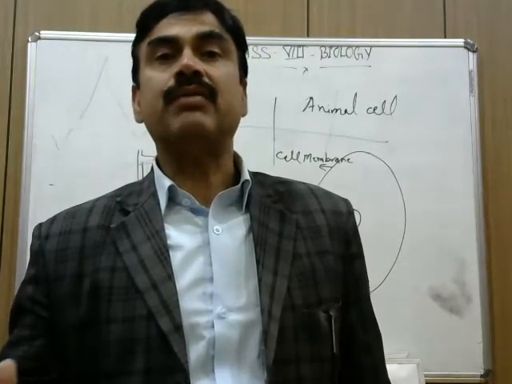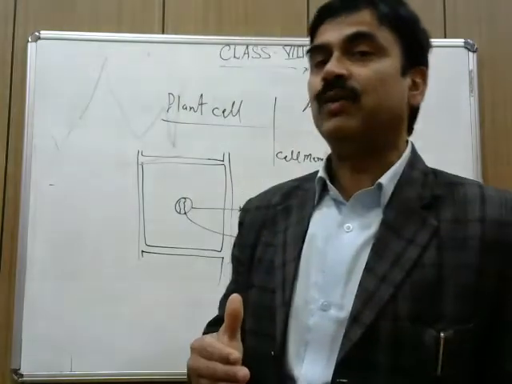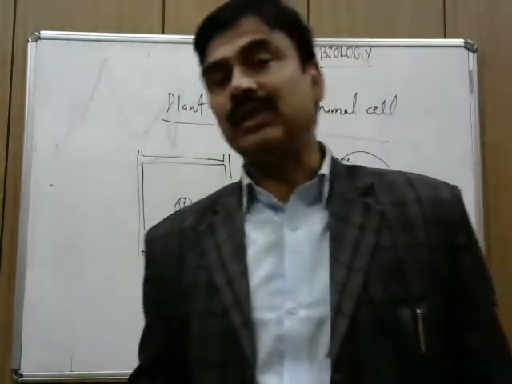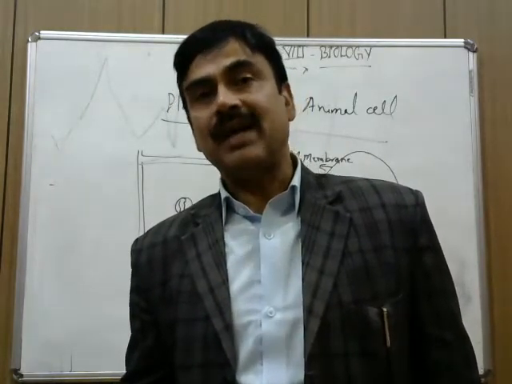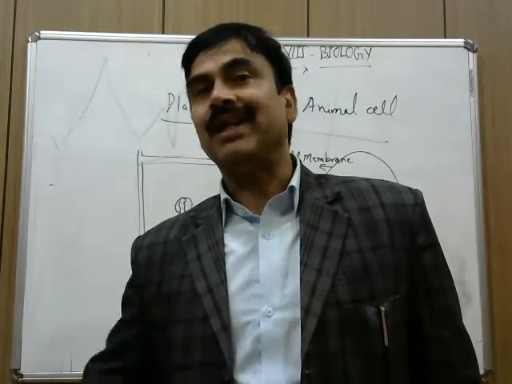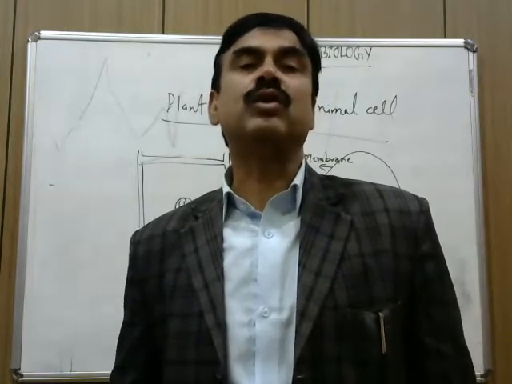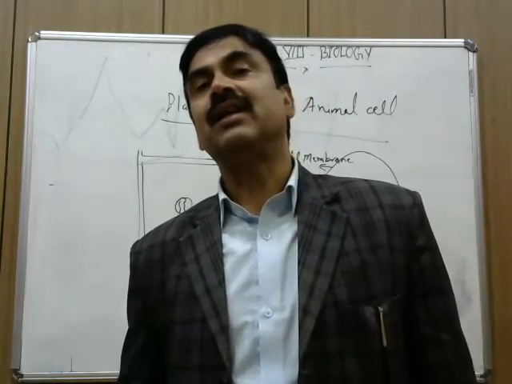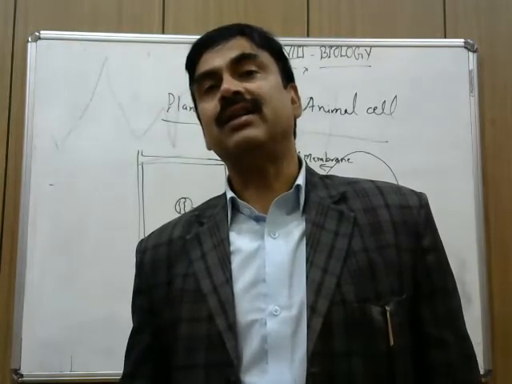There are 2 types of endoplasmic reticulum: one is rough endoplasmic reticulum and another one is smooth endoplasmic reticulum. In the plant cell the chloroplast is present, but in animal cell, except euglena, there is no chloroplast, and that is why they are unable to perform photosynthesis, and all animals are kept in the heterotrophic category.